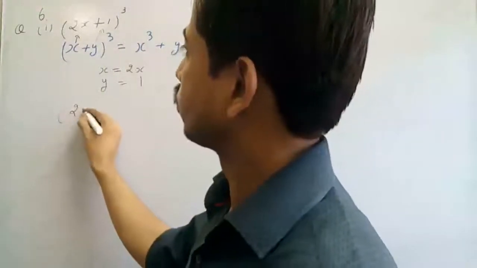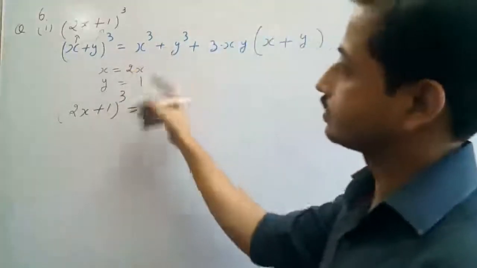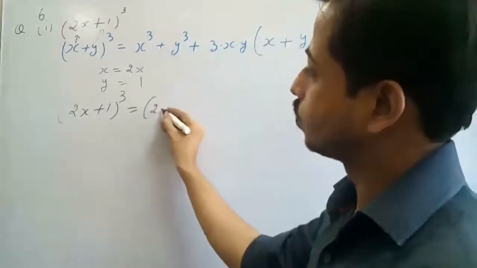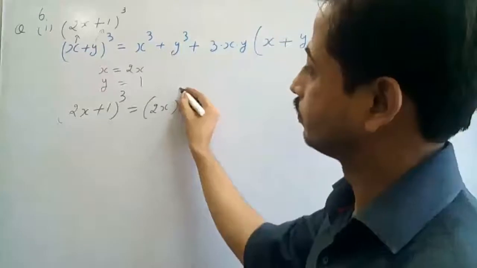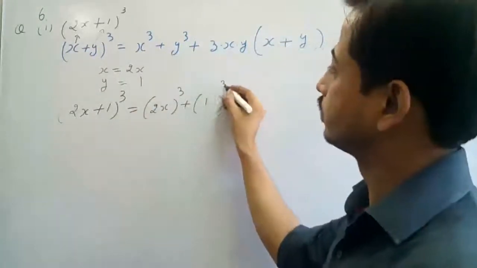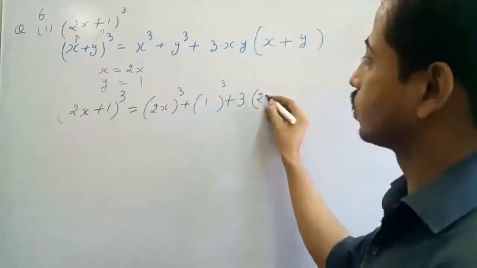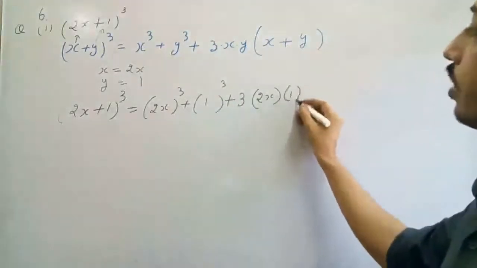So we get (2x plus 1) whole cube is what? x is what? 2x. x cube. Then y cube. y is what? 1. Now plus 3 into x, x is 2x, and y is 1.